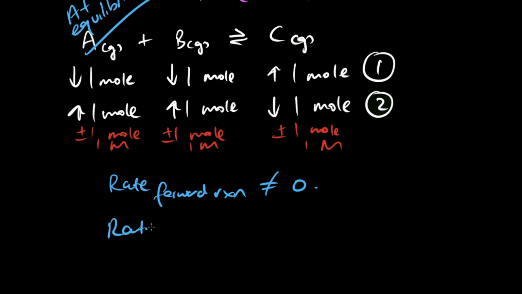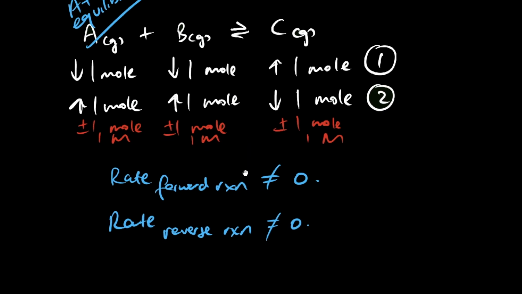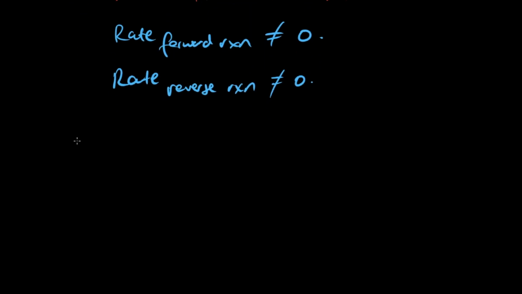So the rate of the reverse reaction is also not 0. This is called a dynamic equilibrium. It is a specific type of equilibrium, called dynamic equilibrium.